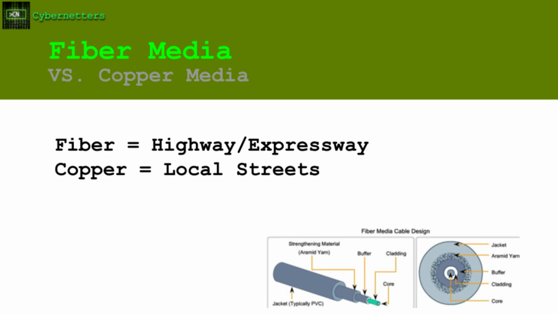And I would also think of copper cables as local streets and roads. Copper is like the local city streets with stop signs and traffic lights. Cars or data can travel efficiently, but traffic congestion, which is EMI in this case, and speed limits slow things down. It is limited to shorter distances, like if you want to get from your house to school, and it is cheaper and easier to build for shorter connections.